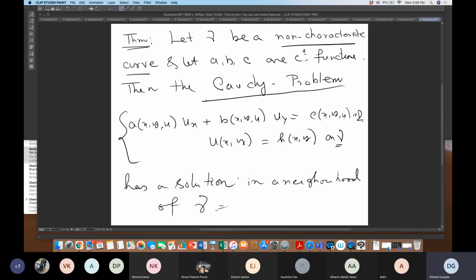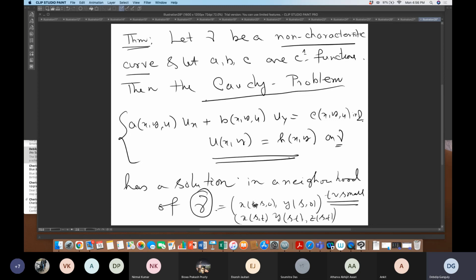That means Gamma is nothing but (x(s0), y(s0)), and in a neighborhood of Gamma you have a solution x(s,t), y(s,t), and if you lift the curve, z(s,t) for t small. So all this theory says that it has a solution in the neighborhood of the non-characteristic curve. What is the non-characteristic curve? The curve where the initial conditions are given.